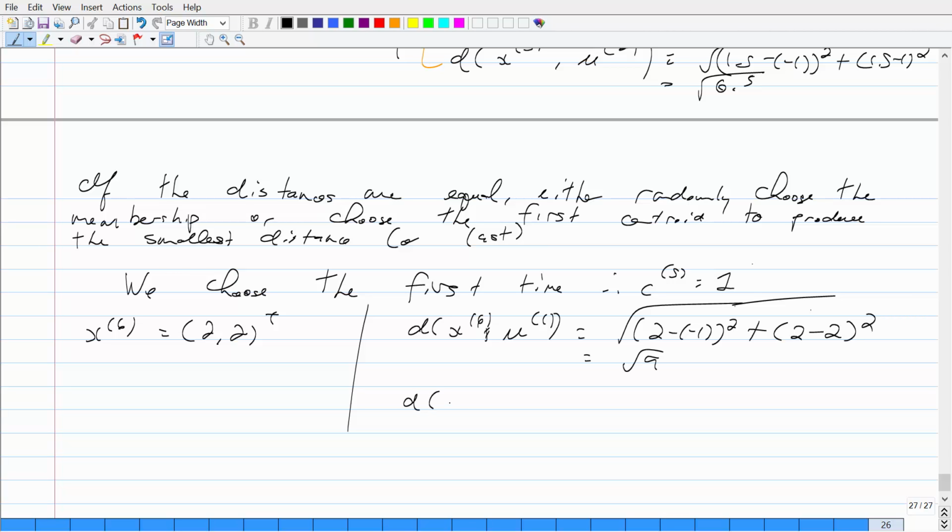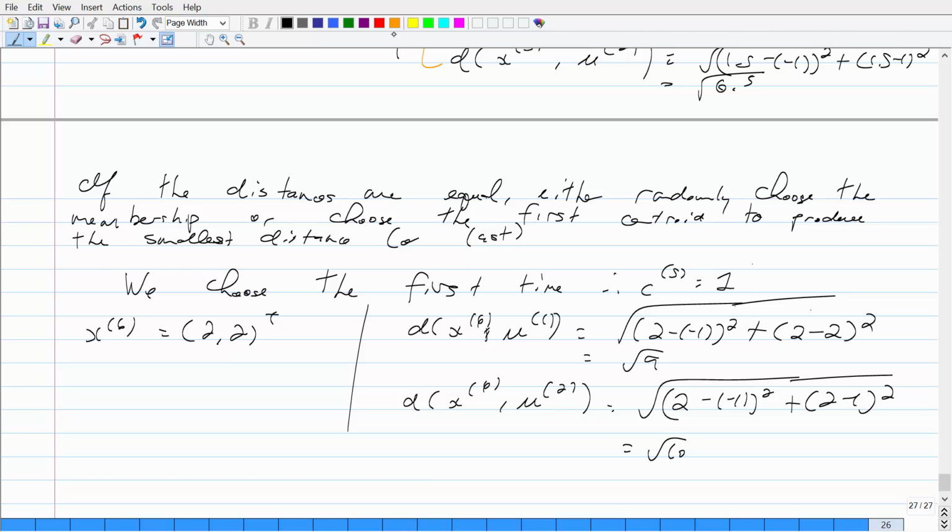Then you want to calculate this with the next centroid. I remember these centroids now, from short-term memory. So we have -1, and then we have 1 instead, so 2 minus 1. In this case, this becomes the square root of 10. So this one here is the smallest, and because that is the smallest, the membership you give this belongs to cluster 1.